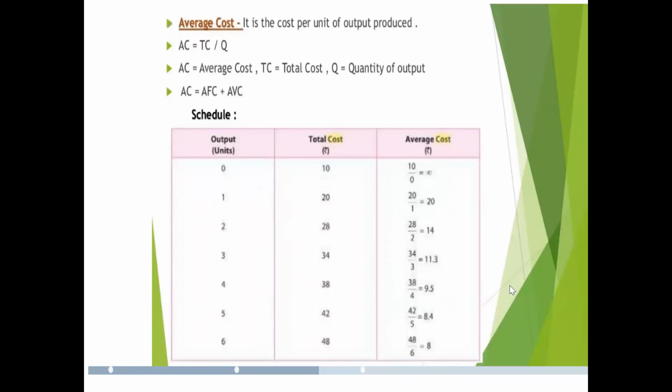How can we calculate the total cost? Total cost is equal to total fixed cost plus total variable cost.